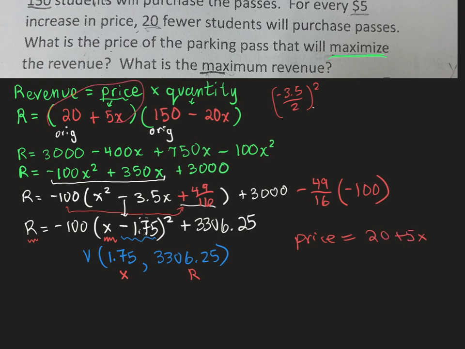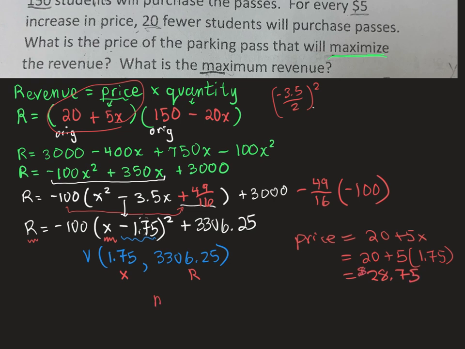So this here. And then because we know x now, we can just replace x in that expression with 1.75, and you get 28.75 as the price of the new ticket.